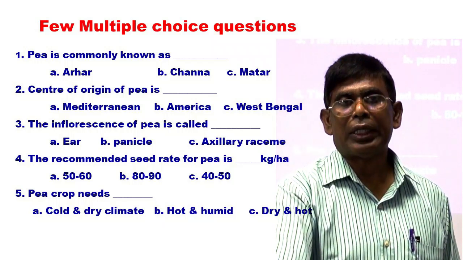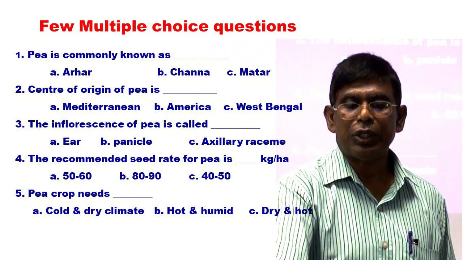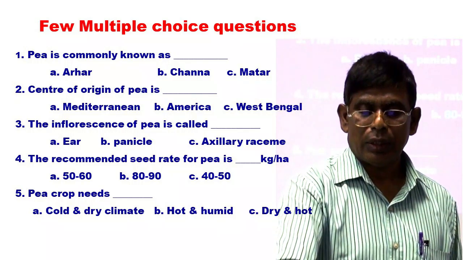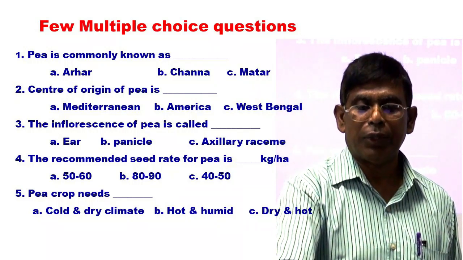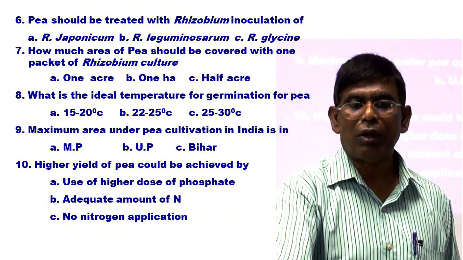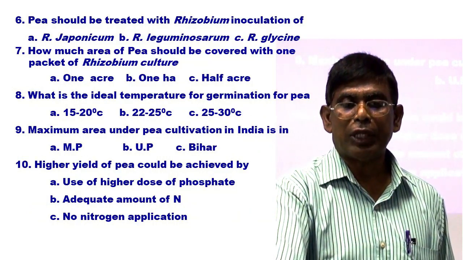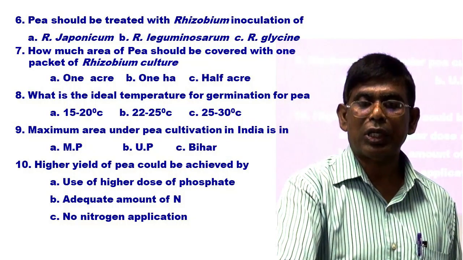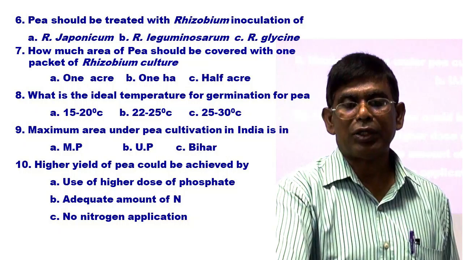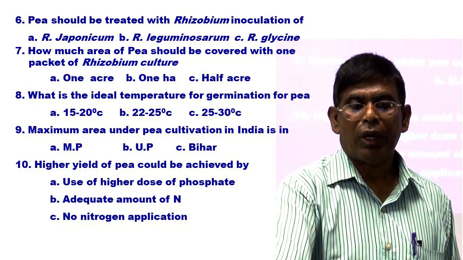You know that it is cultivated during Rabi season, so cold and dry climate is required for pea production. Then pea should be treated with rhizobium inoculation of Rhizobium japonicum, Rhizobium leguminosarum, or Rhizobium glycine. You know the answer is Rhizobium leguminosarum.